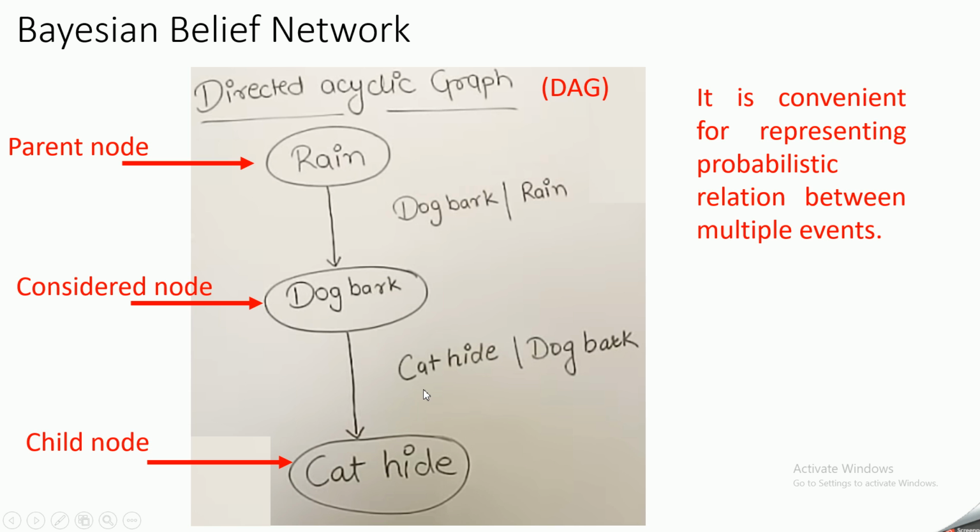The second instance shows the cat hides when the dog barks. So this is your directed acyclic graph. You must be wondering why I am teaching these topics; these are the prerequisites for understanding Bayesian belief network.